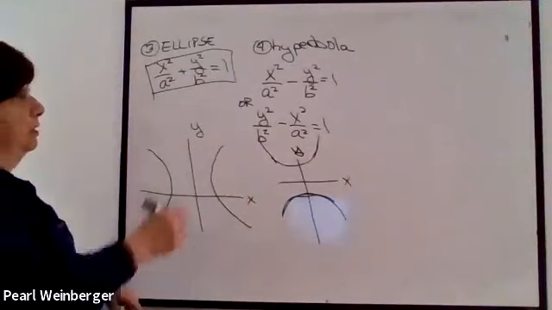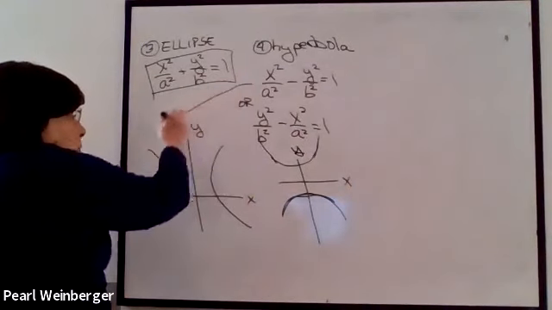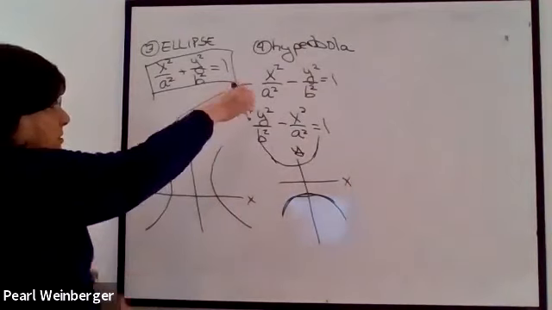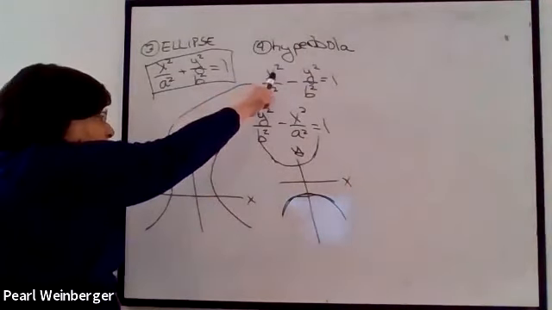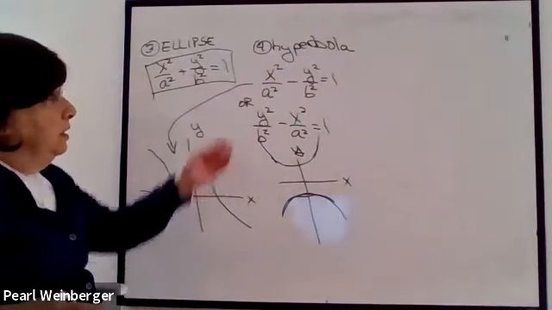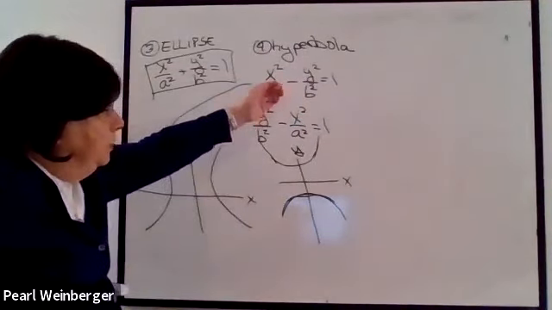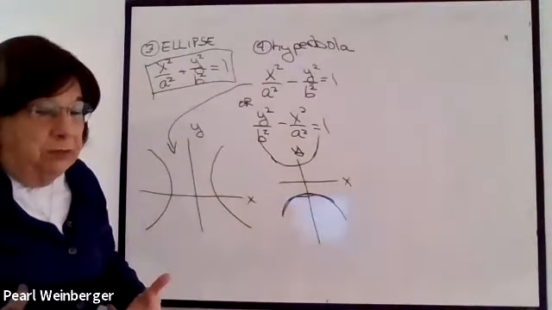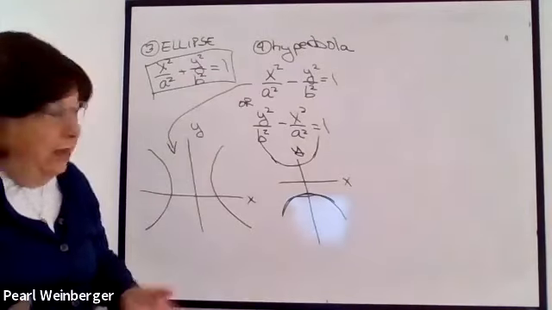And it's interesting that when you're going to have the two crossing the x-axis, it's going to be the x squared minus the y squared. Because in this case, if you have the y squared being negative, then your y squared turns out to be a negative number, which is imaginary.